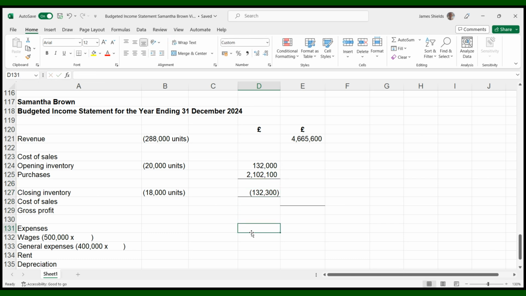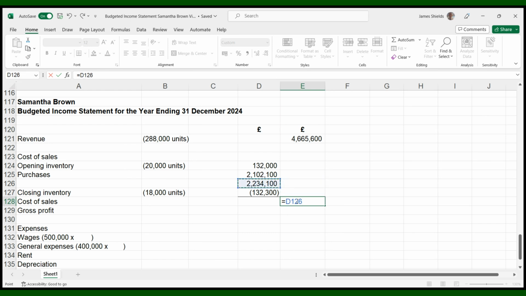So now we can complete the top section of the budgeted income statement. So we've got our opening of 332,000 plus our purchases of 2,102,100 gives us a total of 2,234,100. So for my cost of sales, I take my 2,234,100, subtract the closing inventory of 132,300, and I get my cost of sales of £2,101,800.